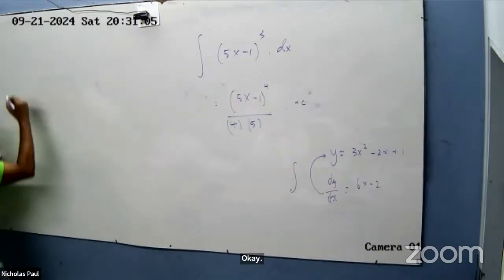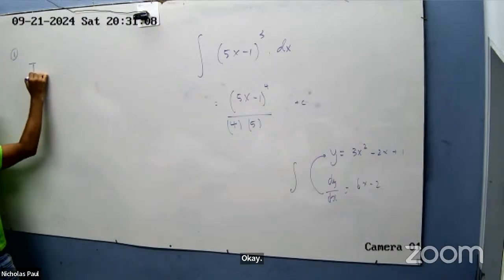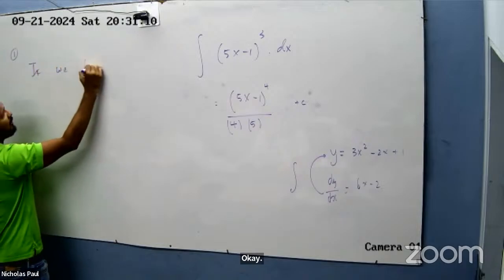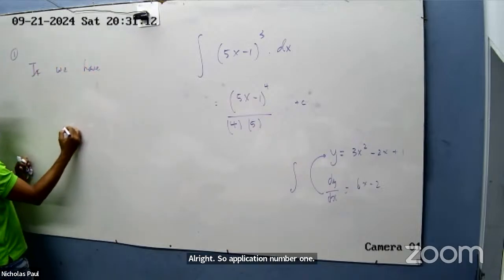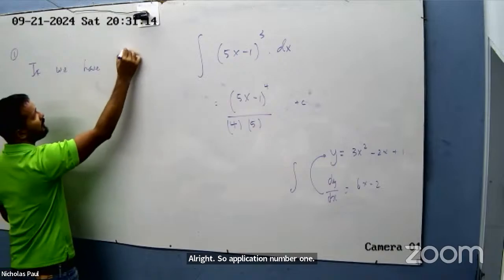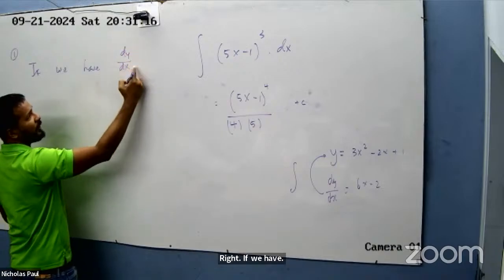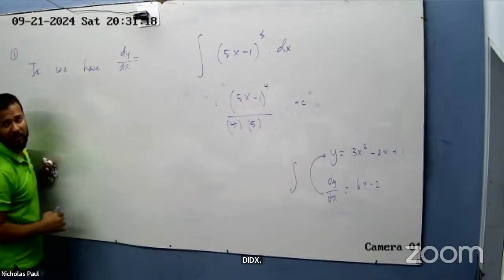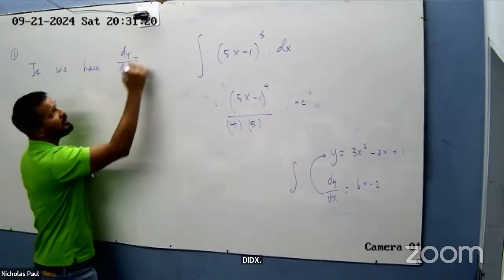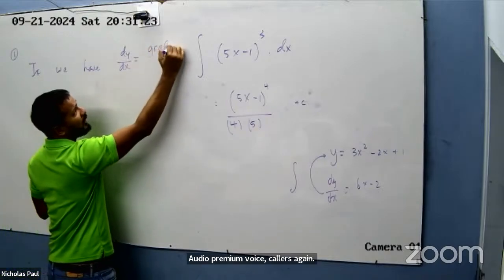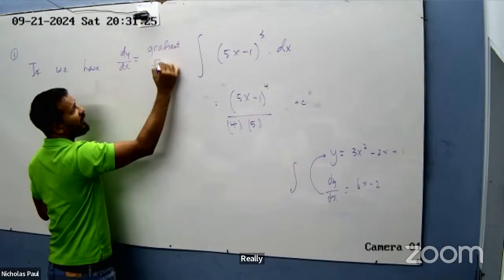All right, so application number 1. If we have dy/dx, or the gradient, what is this called again? The gradient function. dy/dx is also called the gradient function.